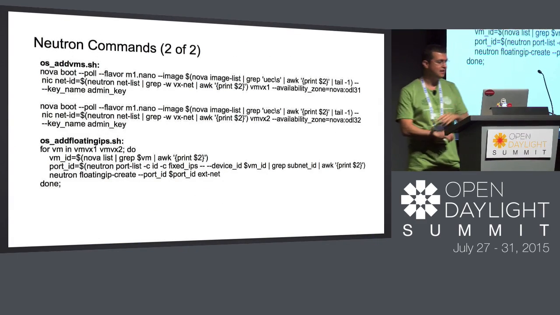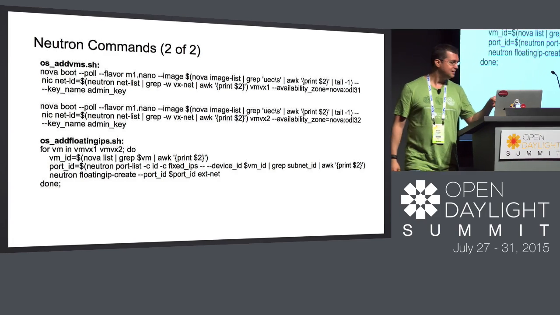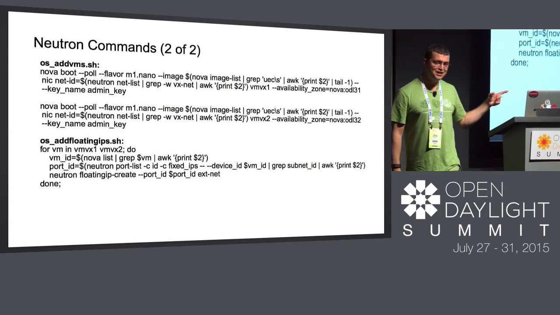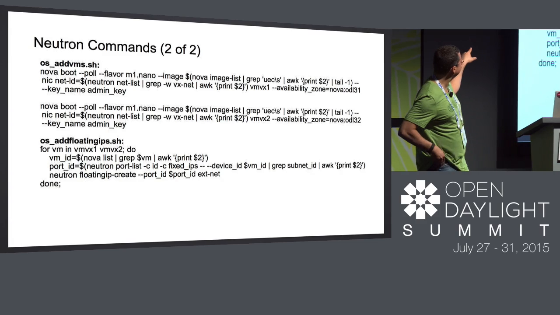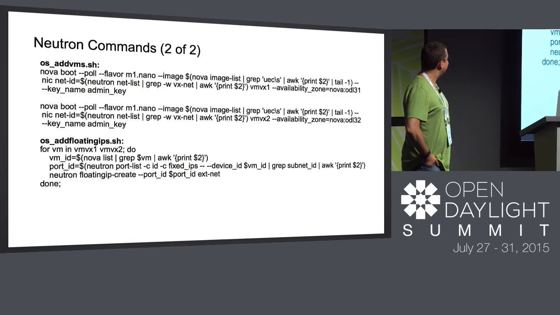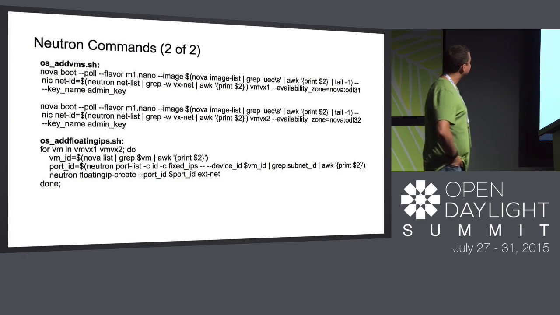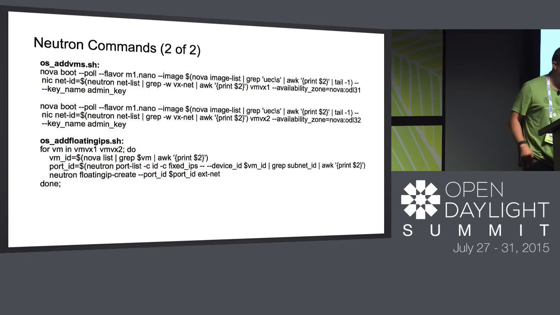Next step will be actually creating the VMs. Here, we're just adding 2 VMs, one on each node. Let's just go ahead and do that.